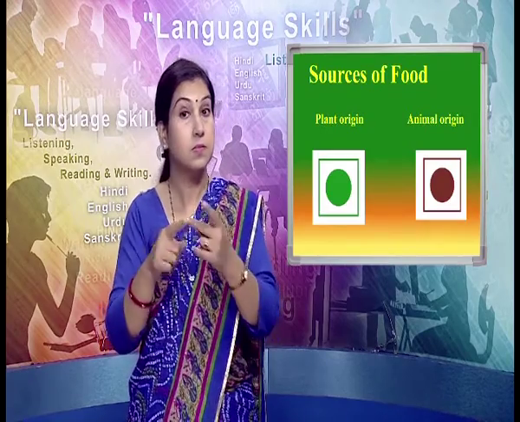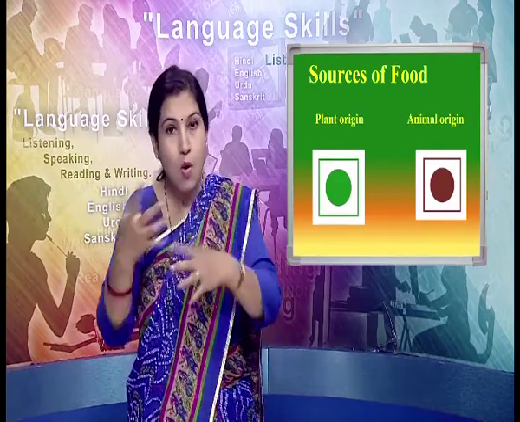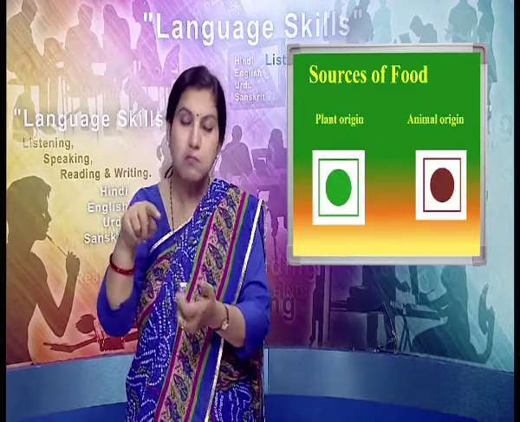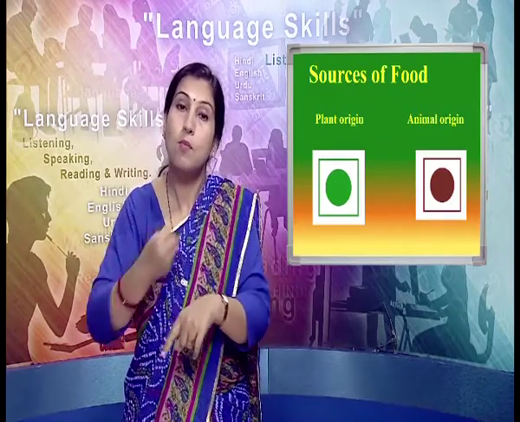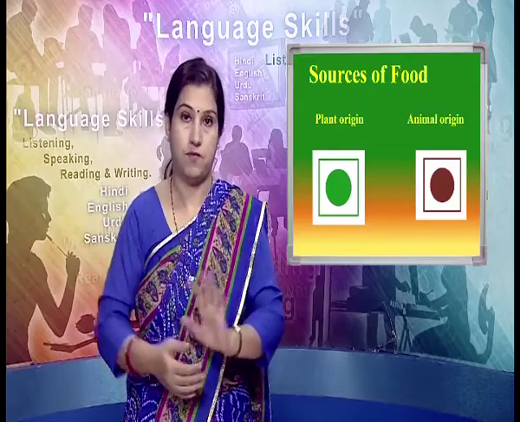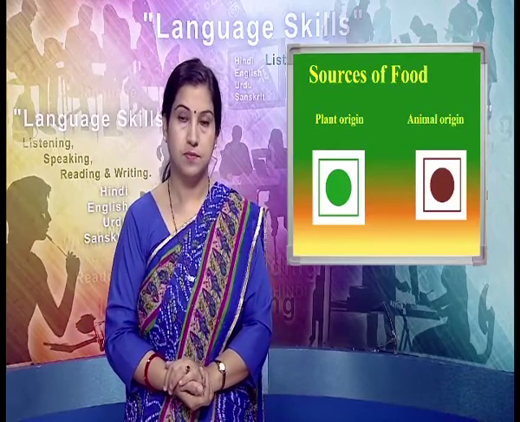And if the color is brown or red, then it is obtained from animal food. From plants, foods are cereals, pulses, fruits, vegetables, sugar, vegetable oil, and from animal sources we normally consume milk and milk products, fish, seafood, eggs, meat, etc.